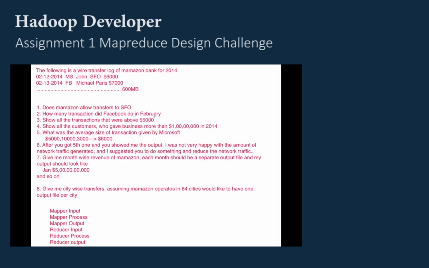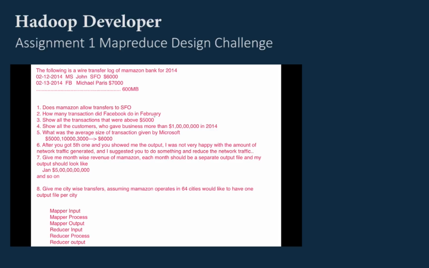So in this case you are getting a wire transfer log for a bank called Bank of Mamazon. What you get is a log for that particular bank for 2014. This log is for all the transactions that took place in 2014.